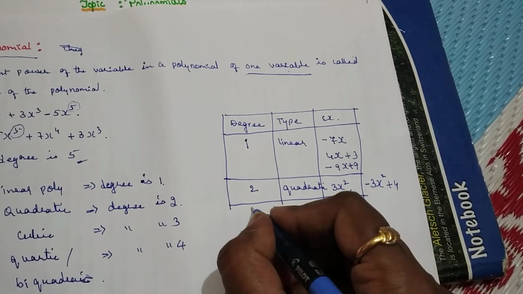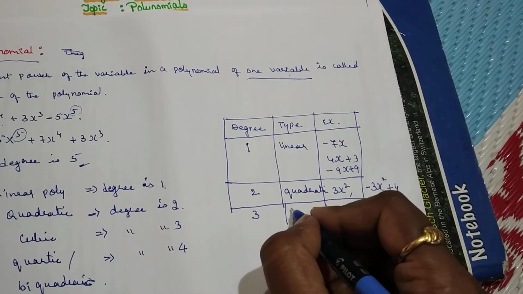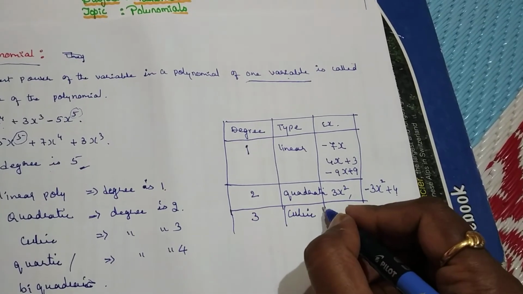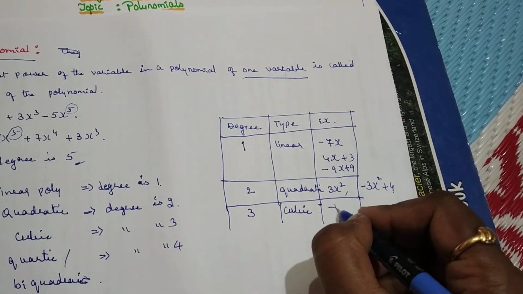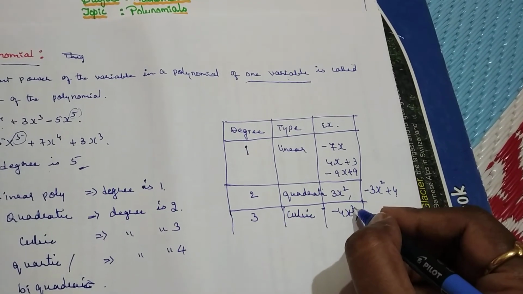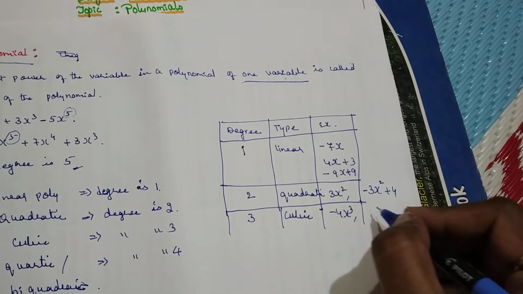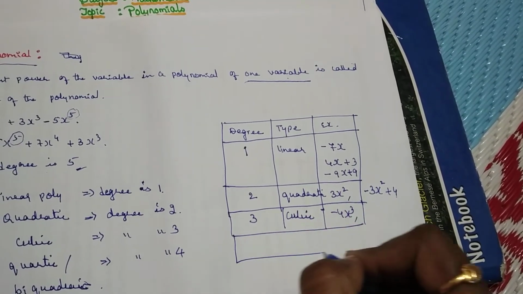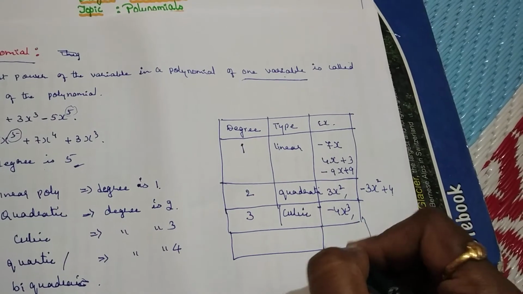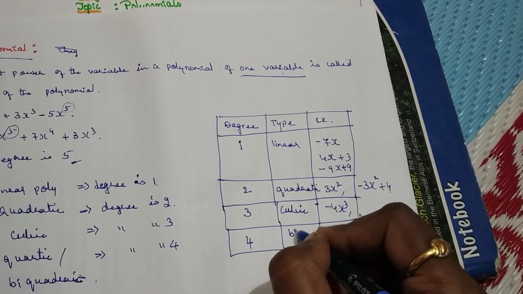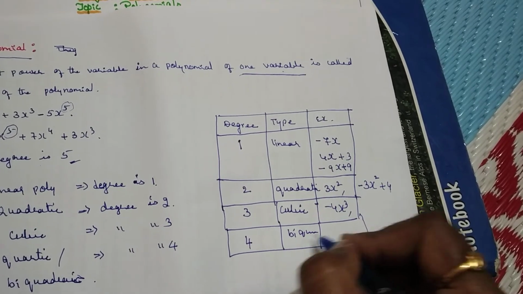Then if the degree is 3, then it is said to be a cubic polynomial. The example for this is minus 4x cube. Though it is a monomial, the highest degree is 3, therefore it is said to be a cubic polynomial. Then the next polynomial is called quartic, or you can say biquadratic.